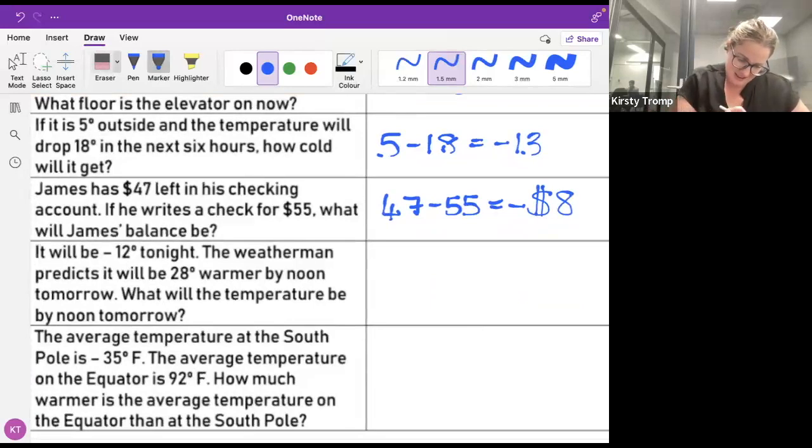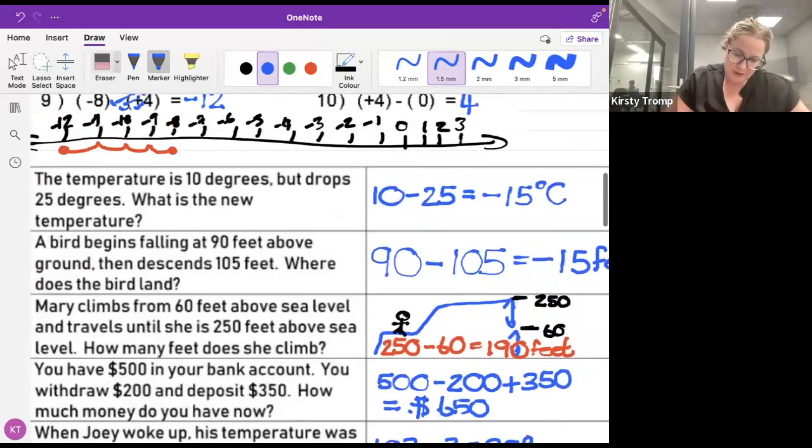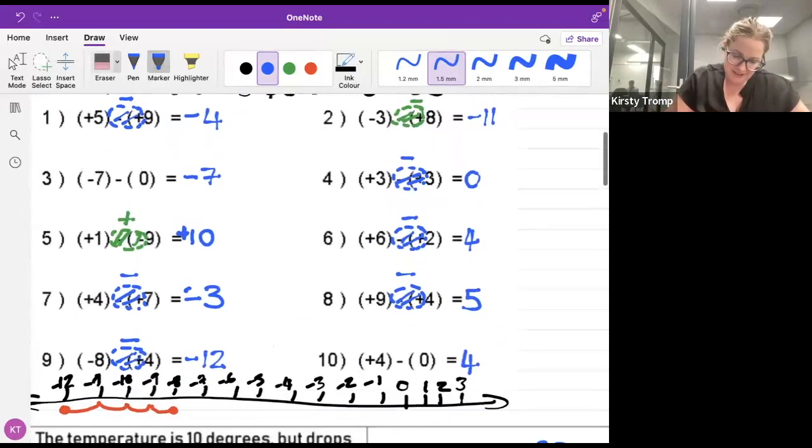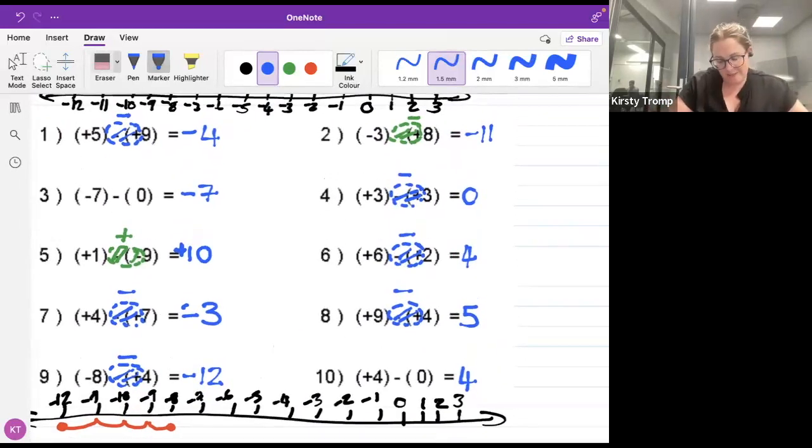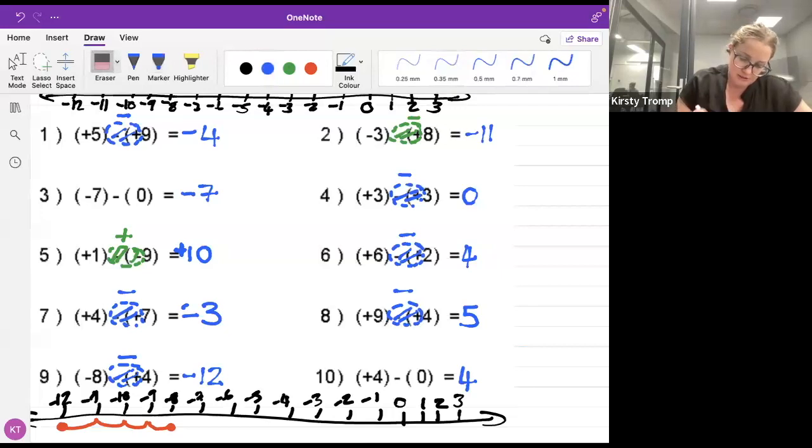No, ma'am. From before, okay, this one. I'm confused, ma'am, when you are circling, like in number 8. Number 8, okay, let's go do number 8 together. All right, let's have a look.